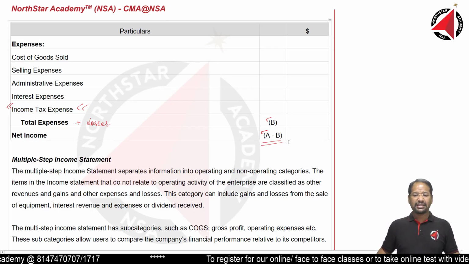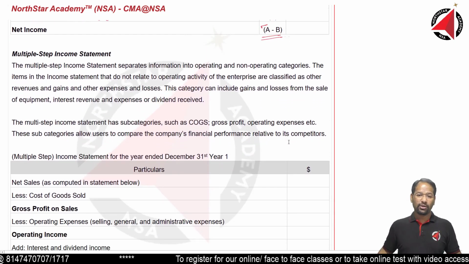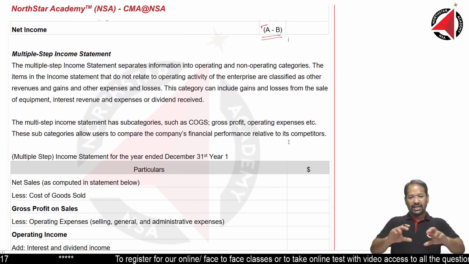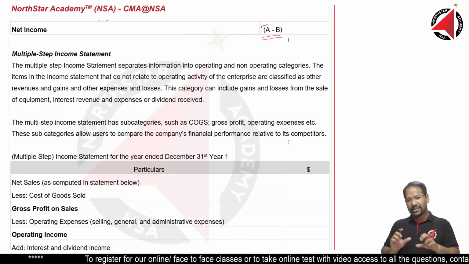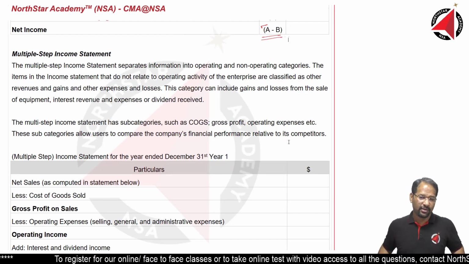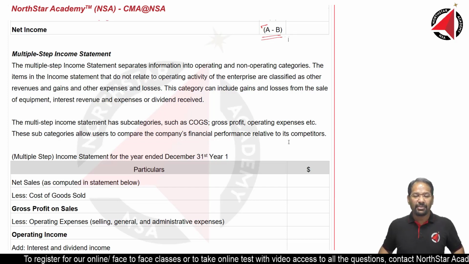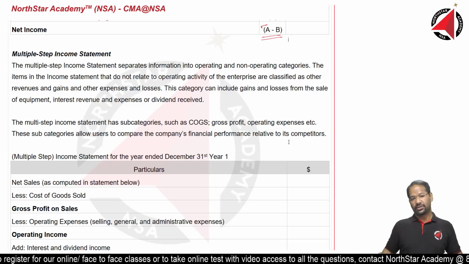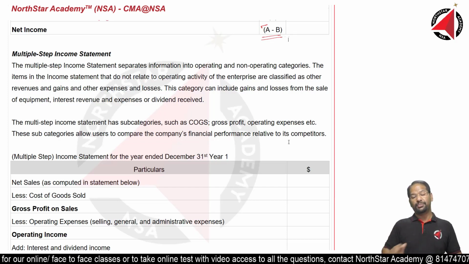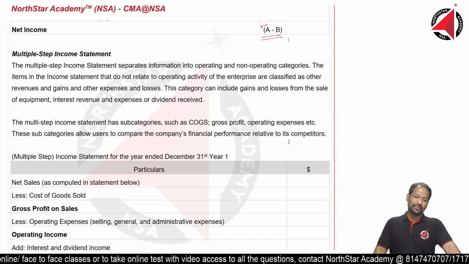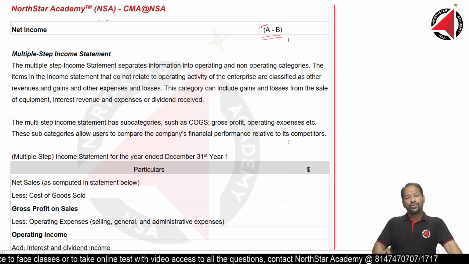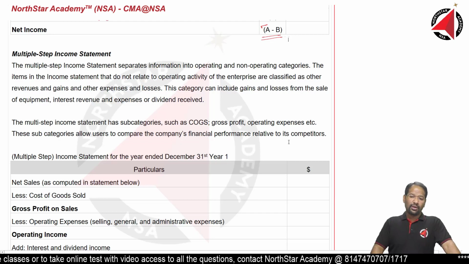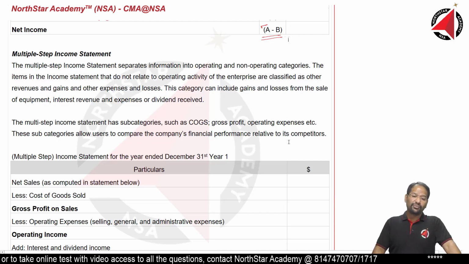Under the multiple step income statement, we do not show all revenues and losses as one statement, another statement, and net income. We break the entire net income into various calculations to give more information to the users of financial statements. For example, you as a user want to know how much is the gross profit of the company.